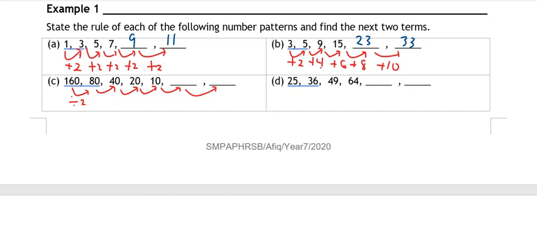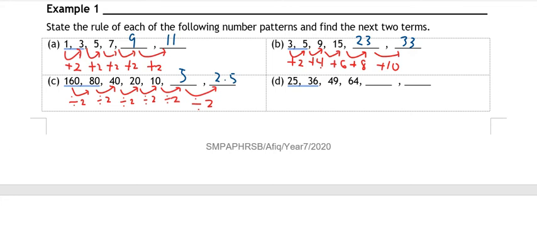I can see here 160 divided by 2 is 80. 80 divided by 2 is 40. 40 divided by 2 is 20. 20 divided by 2 is 10. And 10 divided by 2 will become 5. And last but not least, 5 divided by 2 will become 2.5. It's up to you what number you want to use.